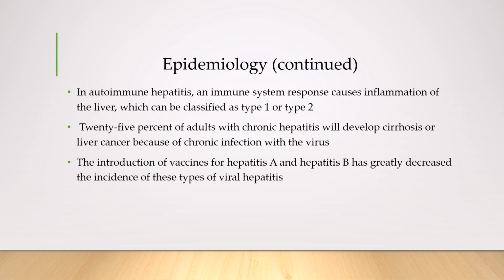In autoimmune hepatitis, an immune system response will cause inflammation of the liver, which can be classified as type 1 or type 2. 25% of adults with chronic hepatitis will develop cirrhosis or liver cancer because of chronic infection with the virus. So the introduction of vaccines for hepatitis A and hepatitis B have greatly decreased the incidence of these types of viral hepatitis.